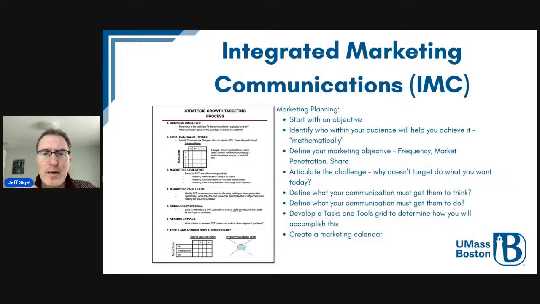I might want to do some trade programming where I actually do sampling in stores. Sometimes we would do Oreo stacking contests, and you'd be serving milk and Oreos, or you'd have people doing sampling with Oreos and milk together.